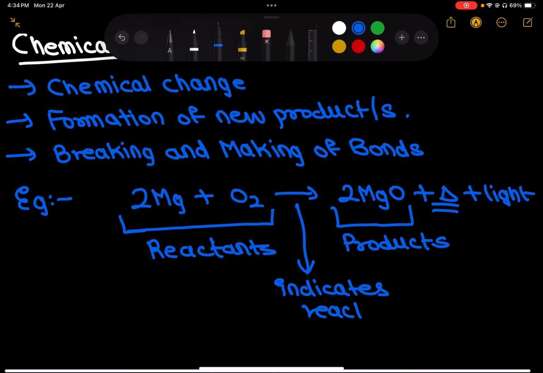Whatever I have written here using the symbols, the plus signs and the arrows, is known as a chemical equation. We'll be talking more about that in the next part. I hope you understood reactants, products, and what exactly a chemical reaction is.